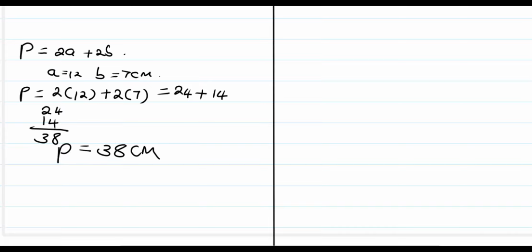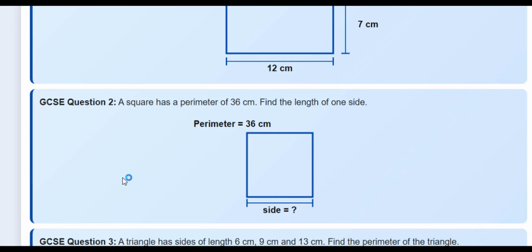Can we try the next question? In this question 2, we are told a square has a perimeter of 36 centimeters, then find the length of one side.